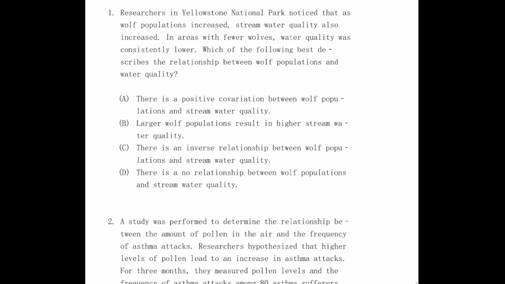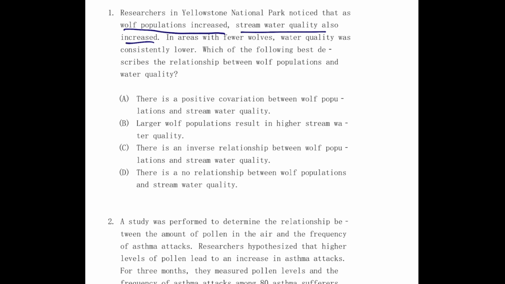All right, let's talk covariance and causality. Researchers in Yellowstone National Park noticed that as the wolf population increased, stream water quality also increased. In an area with fewer wolves, water quality was consistently lower. Which of the following best describes the relationship between the wolf population and water quality? So first, as wolf population increases, water quality also increases.